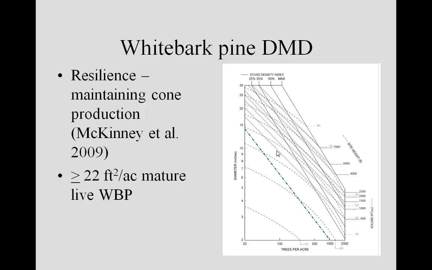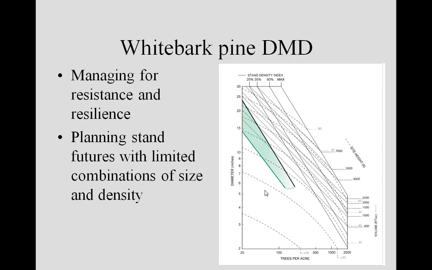Based on some empirical work, they suggested that greater than or equal to 22 square feet per acre of mature live white bark pine is sort of a threshold. That's sort of a minimum stocking, minimum relative density that you have to have in order to keep the nutcracker engaged in the stand.